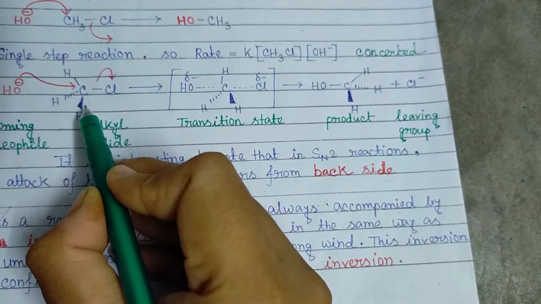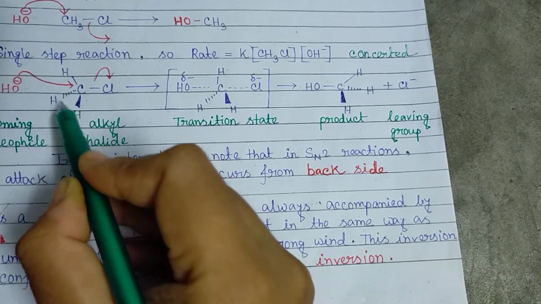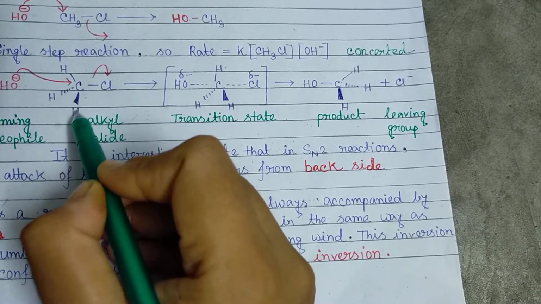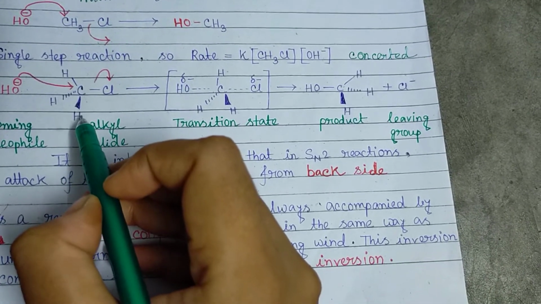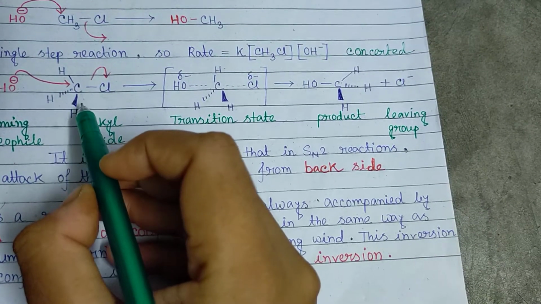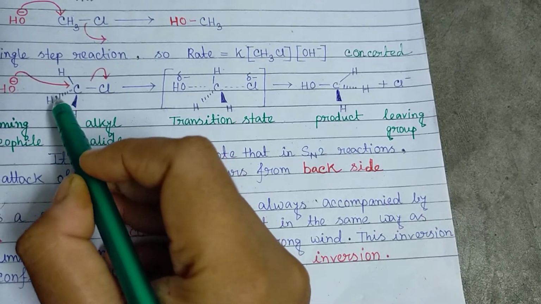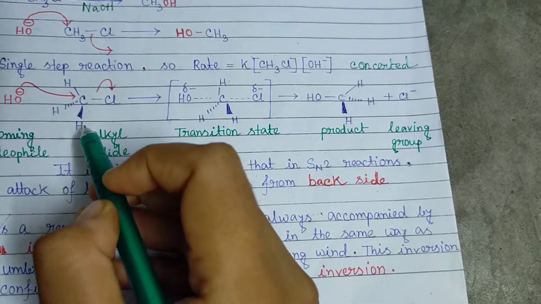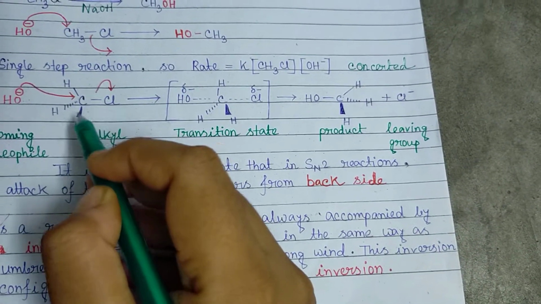And for this carbon and the 3 hydrogen, we already know that for a chiral carbon there will be 3 groups, and the groups are not in the plane. One is above the plane, another is below the plane, and the third one is in the plane. So we have seen this one.